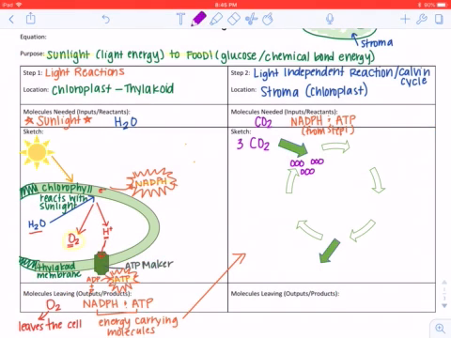If you want to see further details about that, you can take a look at that more complicated diagram that we looked at in class. It shows you some of the names of them, how many carbons are in each one as it's moving through. It's a very complicated process, but you can think of it as carbons coming in and getting rearranged so that we can end up making a carbon-based molecule that will make our glucose or our sugar.